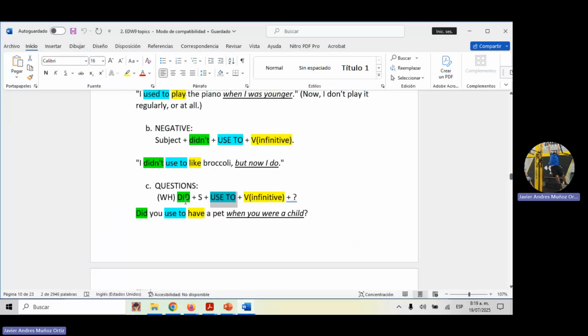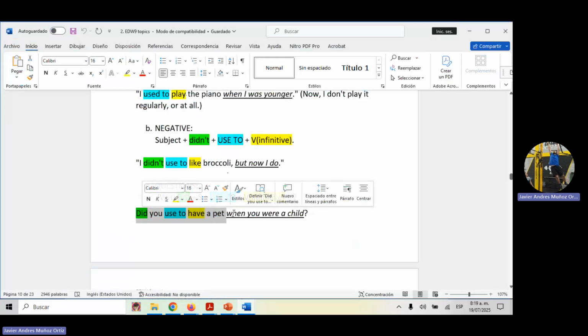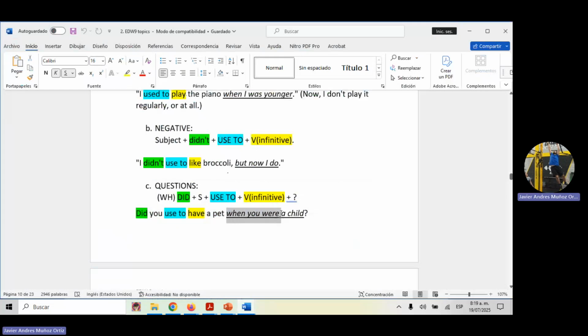We are going to use the auxiliary verb did in past, used to form to mention that something was true in the past, but not today. And the main verb. And this is an example. Did you used to have a pet when you were a child? Right? We are making a parallel of something that was true in the past with a specific situation, right?